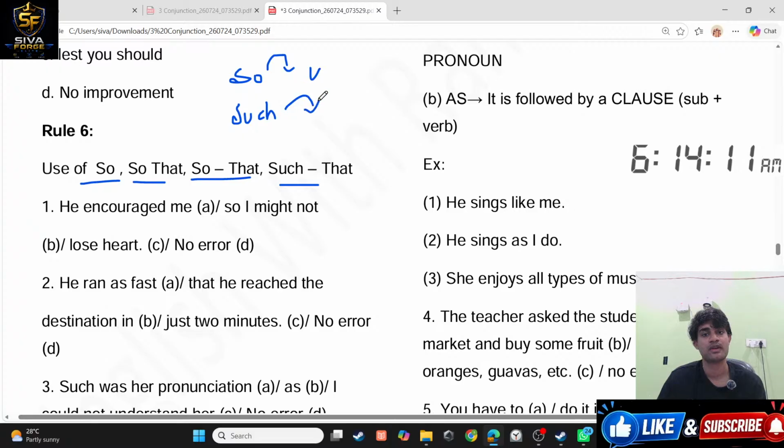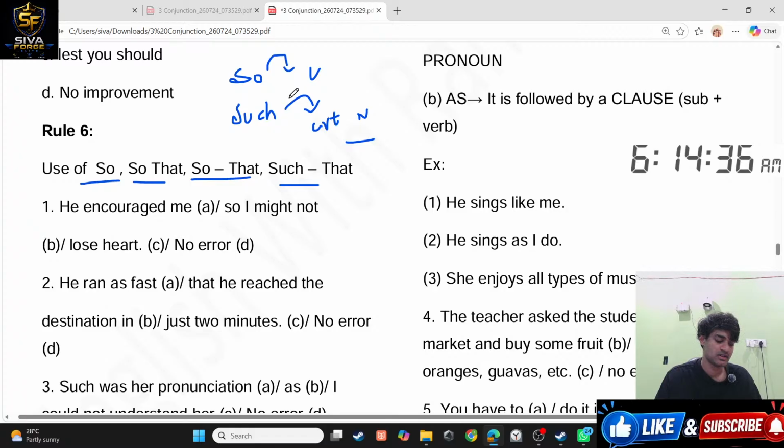Such is followed by an article and noun. So is followed by verb. After so there is no article, but after such there should be an article. He ran so quickly, not such quickly.